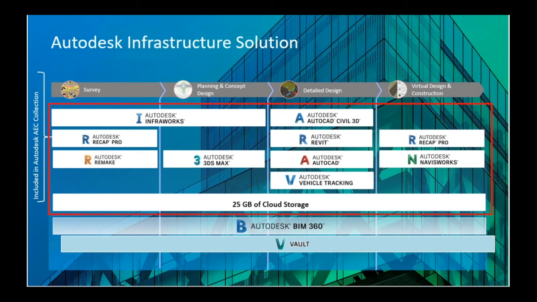And we can also use Vault to manage versions, revisions, find data, audit trail, compliance. And that's not just for all these CAD tools. It can be any file from PDFs to Office documents, images, you name it, any file. And it's an enterprise solution that can be used globally or just at one site.